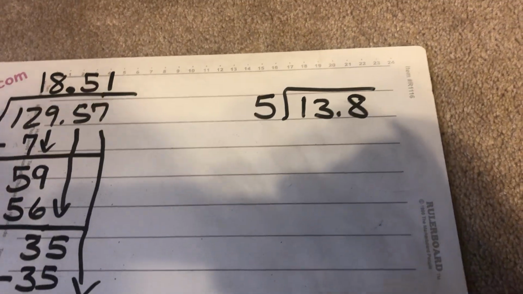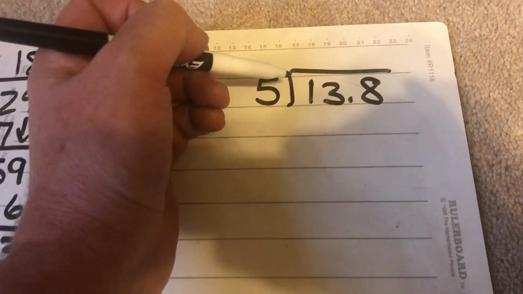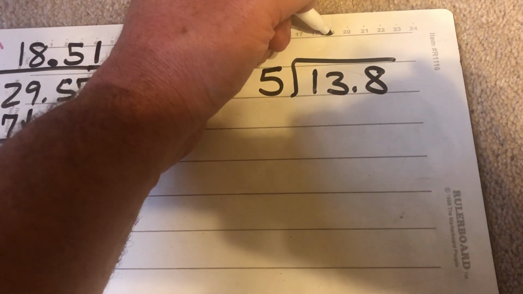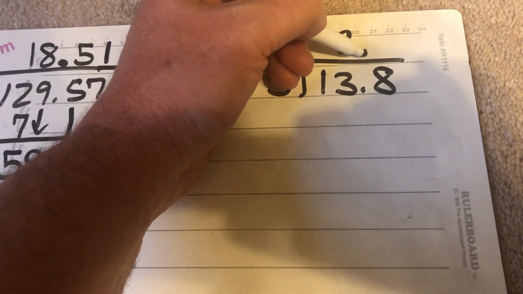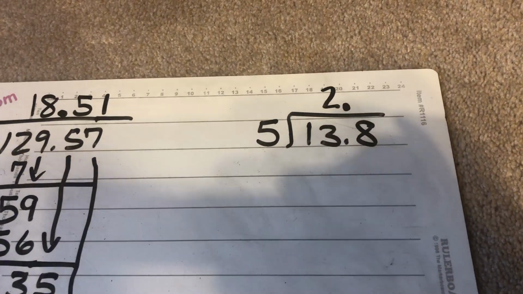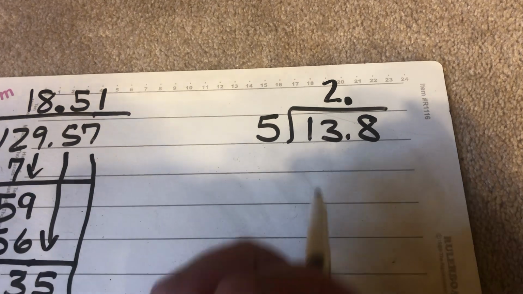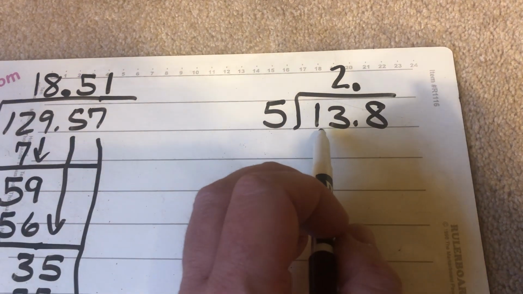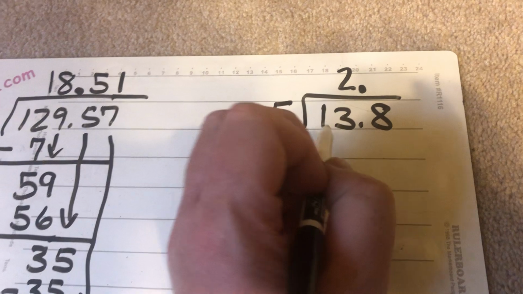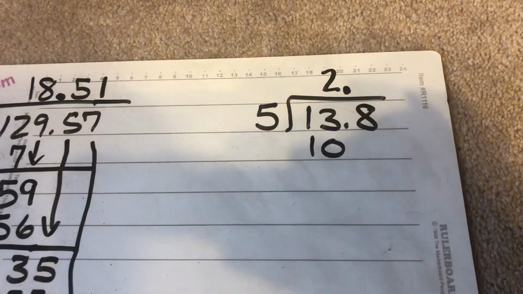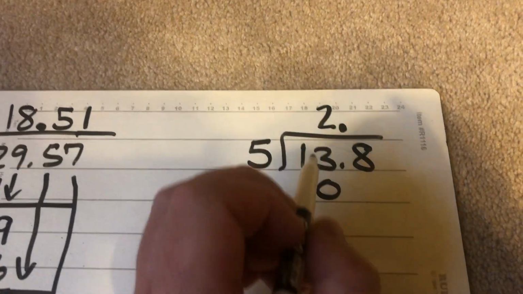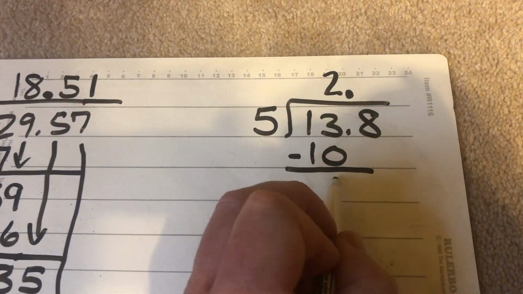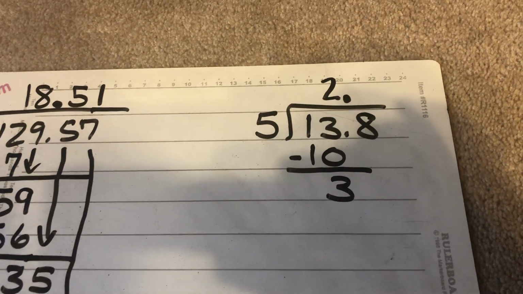All right, this will be our final one, 13 and 8/10 divided by 5. Well, 5 cannot go into 1, but I think 5 can go into 13 2 times. As always, I want to put my decimal straight up. I don't want to forget that in my final answer. 5 can go into 13 2 times. Now it's time to multiply. 5 times 2 is 10. Well, after I multiply, I subtract. So 13 minus 10 is 3.